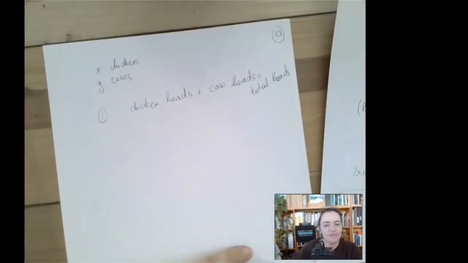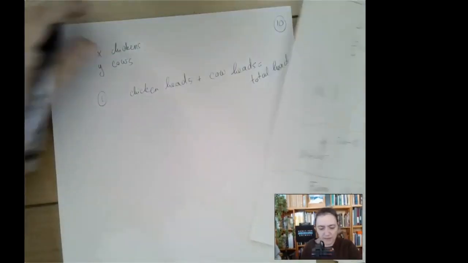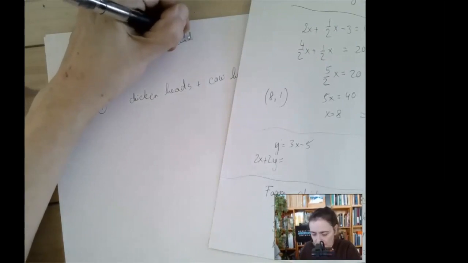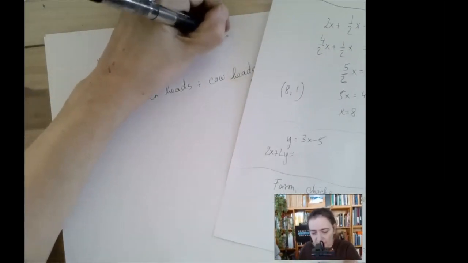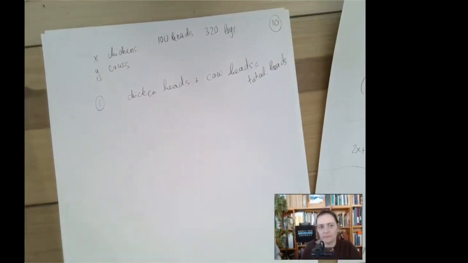Can you state that equation with X and Y? That equation translated. Oh, here is the data. Basically, we have 100 heads and 320 legs. So what would that equation be? Just state the number of heads like this.